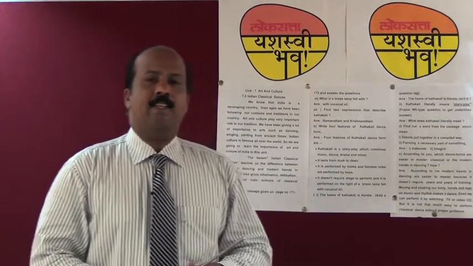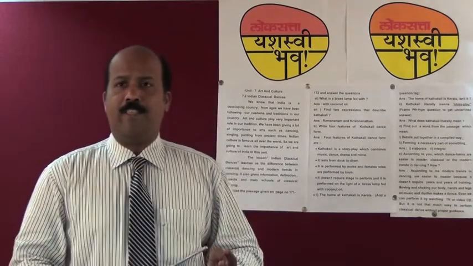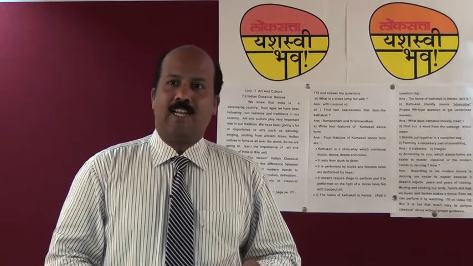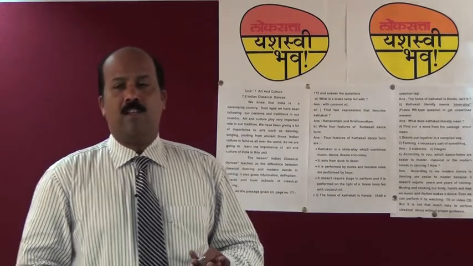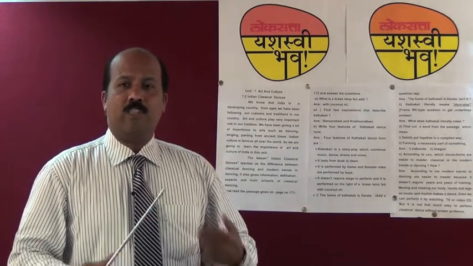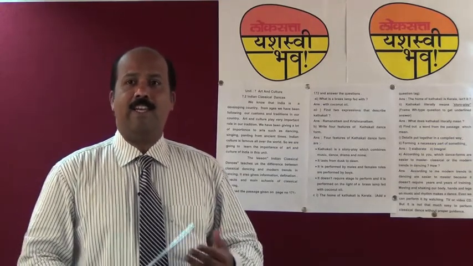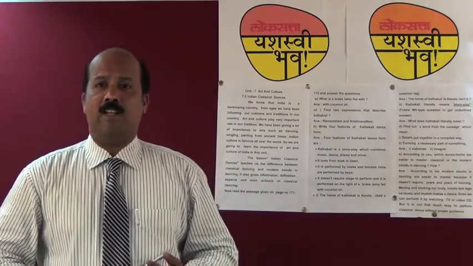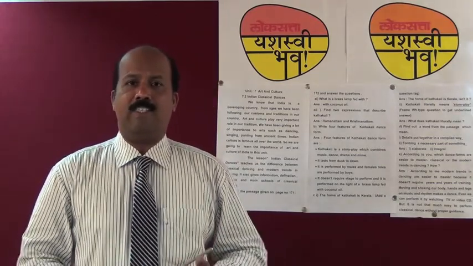In this lesson, we are going to see the difference between these dances, the information about classical dances, their origin and their different kinds, so that you could easily understand the difference between the four main classical dances.